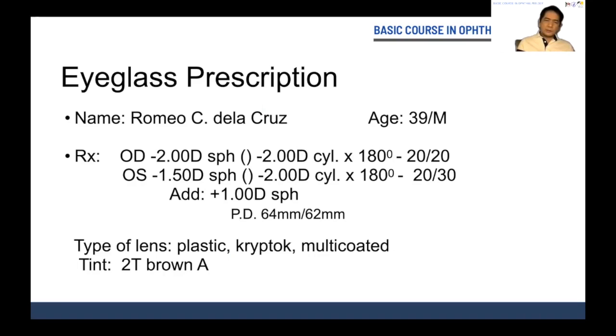And below that, if your patient is presbyopic, you write the add power. By the way, the lowest add available in the market is +1 and the highest is +3. And then after that, you write the pupillary distance. The higher for distance, the lower for near pupillary distance. And write the type of lens and any special order or modification for the lens, such as tint or some other features for the lens.